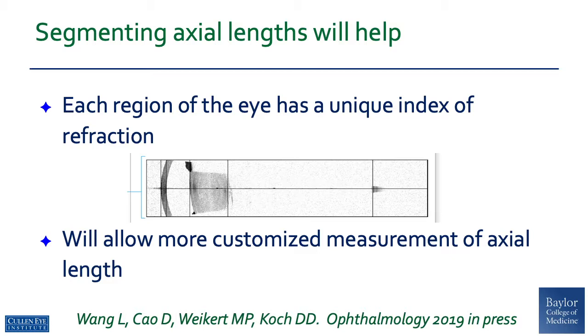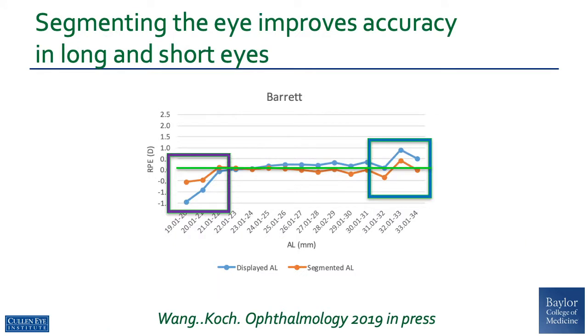And we've been looking at that and have a paper being published in Ophthalmology looking at the concept of customizing axial length based on the refractive index of each portion of the eye. And we reported that for both long eyes and short eyes, the blue is the Barrett formula and the orange is the Barrett with segmented axial lengths. You can see at least at the extremes we could get a little bit better accuracy.